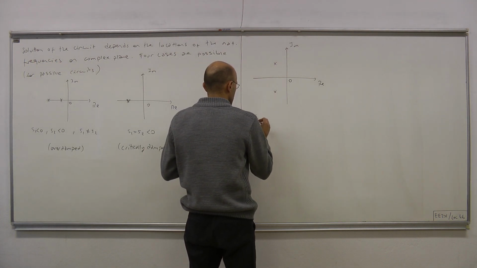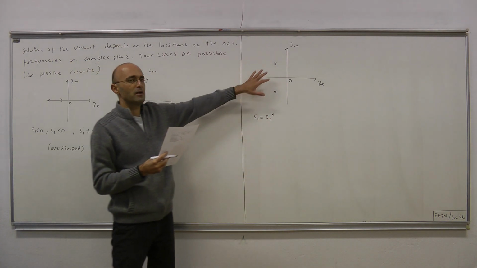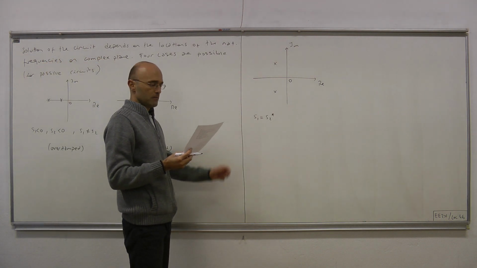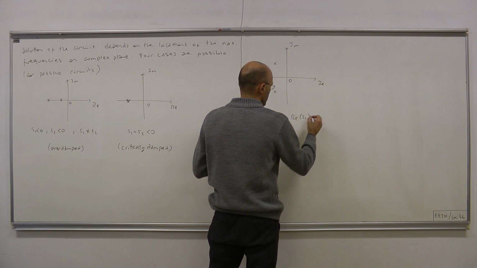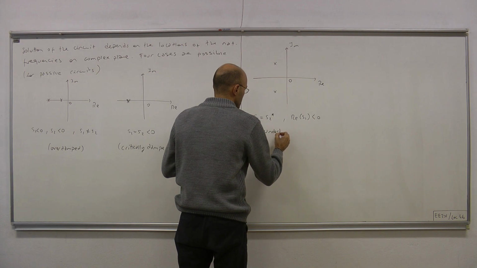So S1 equals S2 complex conjugate. So they have the same real part, but imaginary parts differ in sign, but same magnitude, with real part negative. This is called the underdamped case.